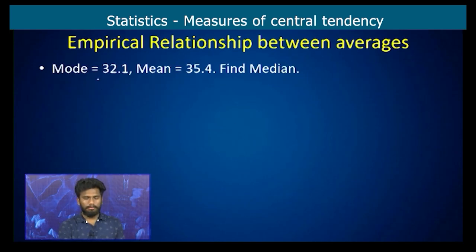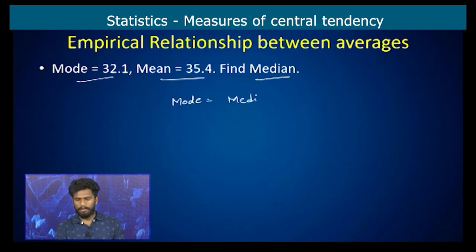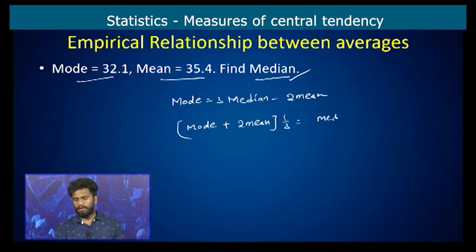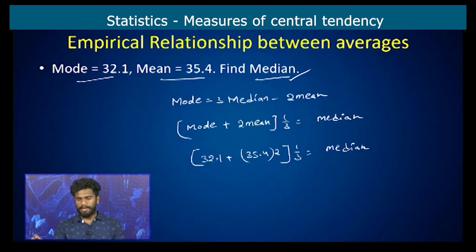Now, in this case the mode is given and the mean is given, and you have to find the median. First write the formula: Mode is equal to 3 median minus 2 mean. So we have to find the median: (Mode plus 2 mean) into 1/3 is equal to median. Now substitute mode and mean here. Mode 32.1 plus 35.4 into 2, which is 70.8.